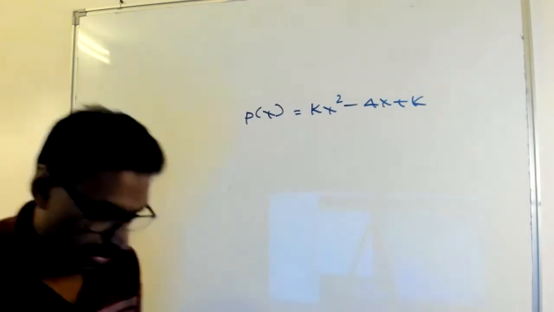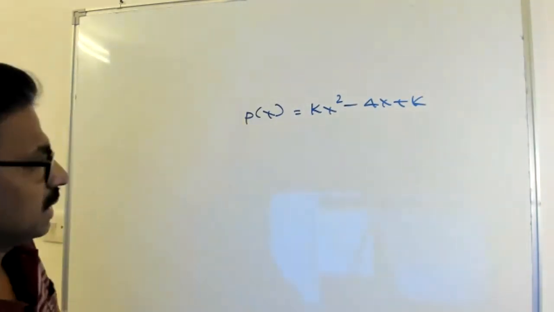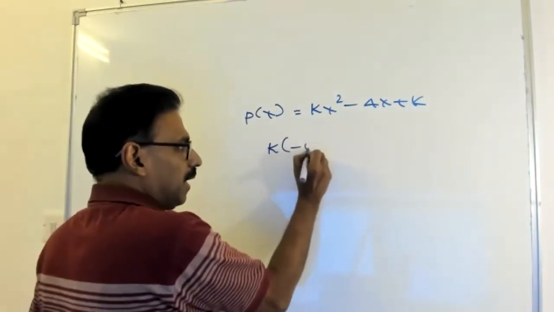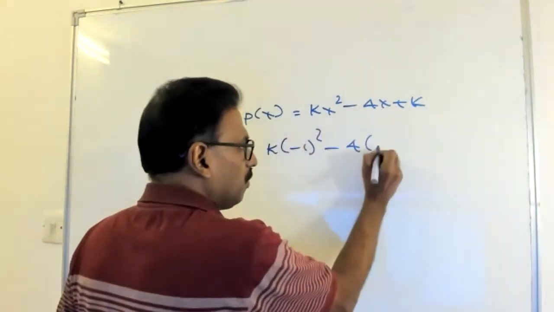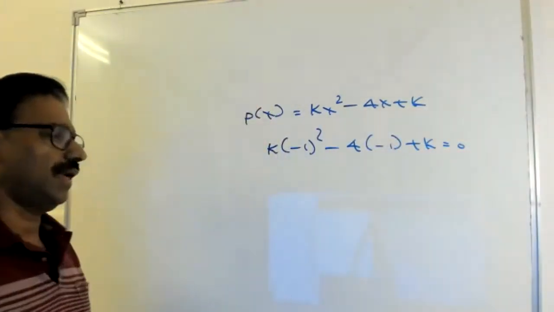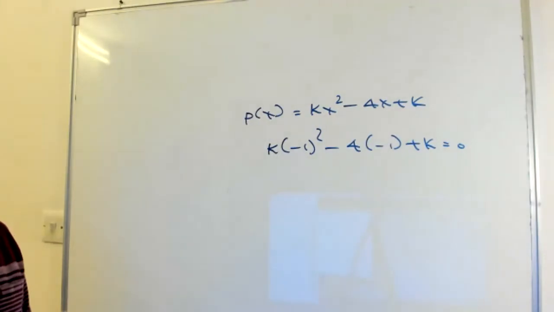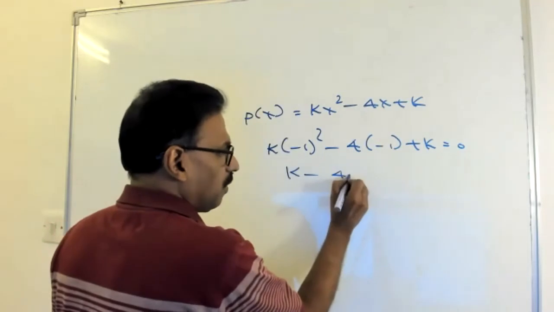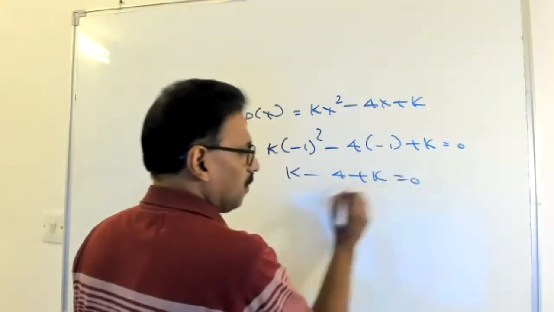Okay, so look here. Substituting x equal to -1: k into (-1) square minus 4 into (-1) plus k equal to 0. So k plus 4 plus k equal to 0.